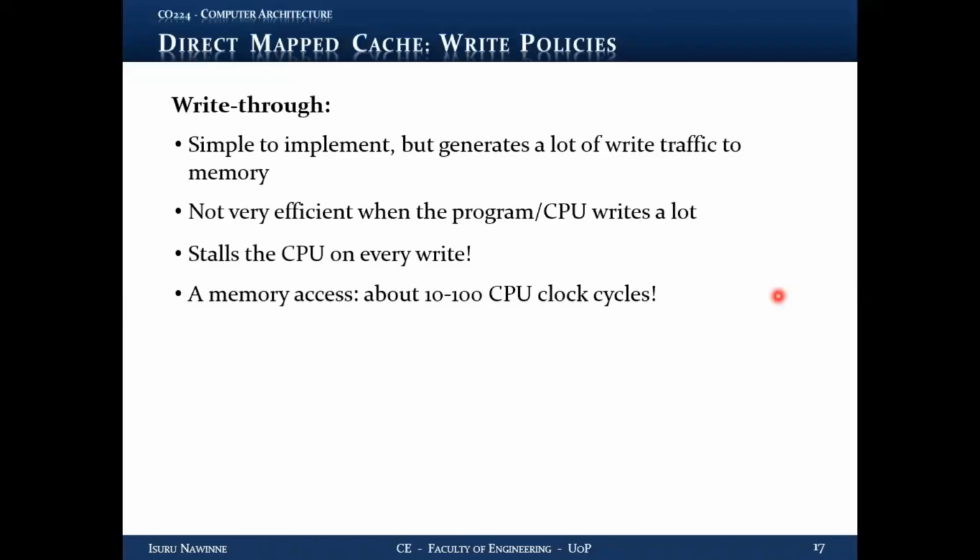So every time you get a write, your CPU needs to be stalled for that many clock cycles, which is not very efficient. In the CPU design stage, we talked about how we want to avoid stalls as much as possible. We tried to optimize and introduce various technique solutions to keep the pipeline running without stalling it, to minimize the number of bubbles we introduce into the pipeline.